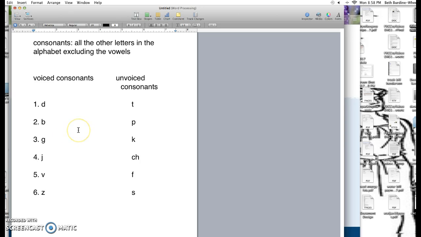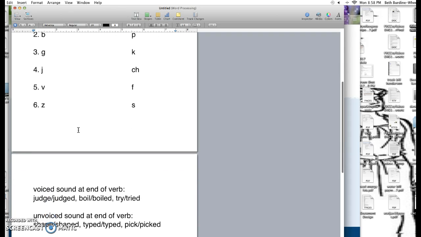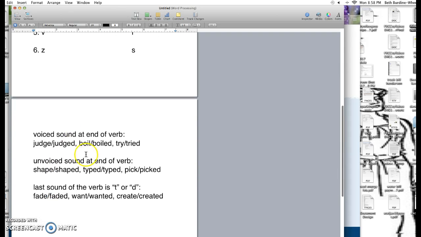So the lesson I'm trying to teach you about the ED ending, I'm going to scroll down, is that if you have a voiced sound at the end of the verb, it sounds like a D. So I take the verb judge, and to make a past tense, the reason I would add the ED at the end of the verb judge is to make it a past tense verb.